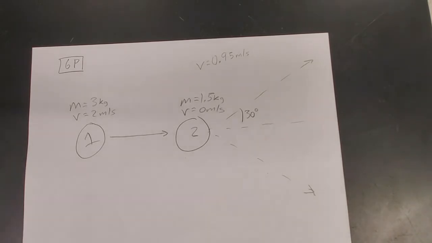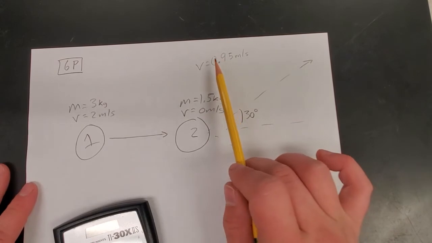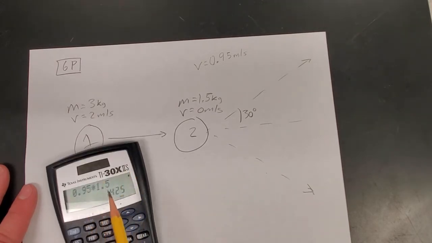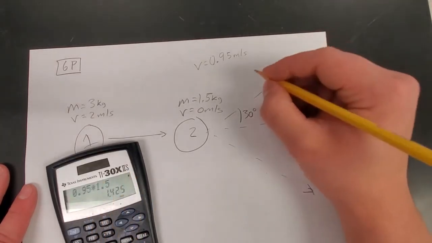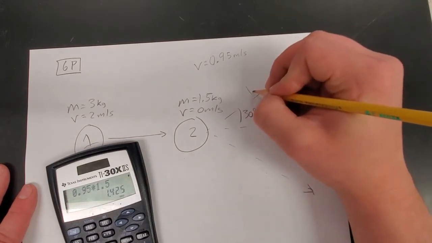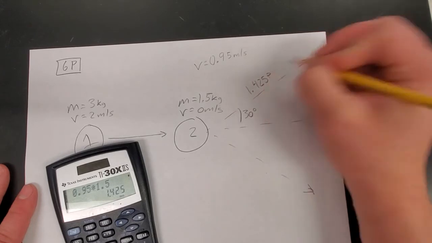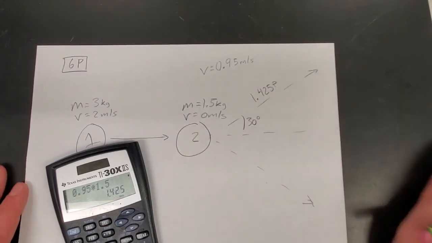Well, let's find the momentum, that is, how many P's that is. So we'll just go 0.95 times 1.5. And that gives us 1.425. So really, what we have right here on this hypotenuse is 1.425 P going up at a 30-degree angle.